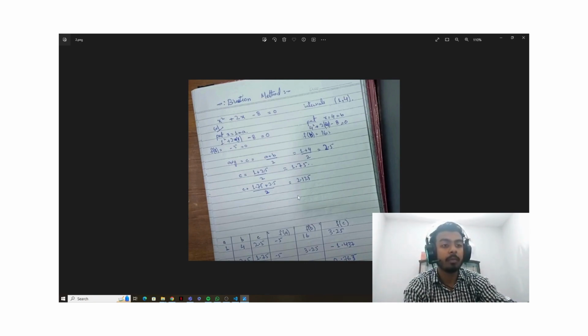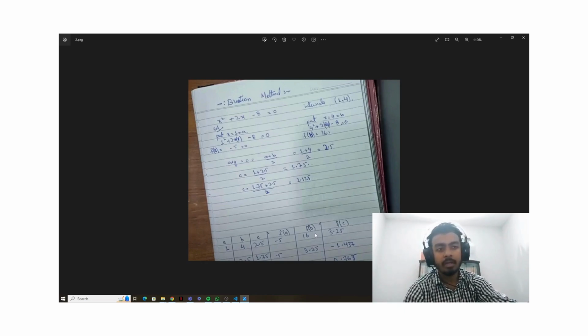Okay, so here's the thing. In the bisection method, the changes in the values of a and b depend on the function of c.